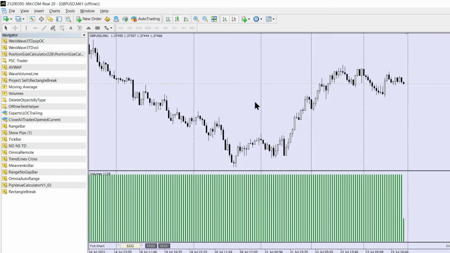And let's compare the two charts. And then I'm going to fit in the Weis Wave to see how nice it fits on the tick chart. All right, let's compare the two charts.